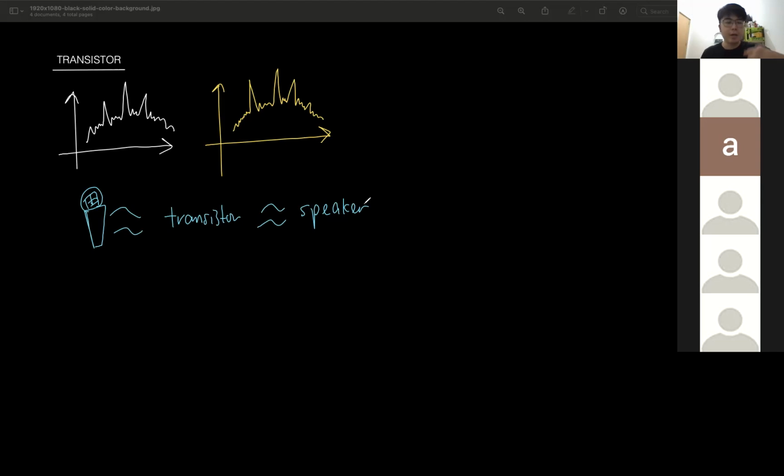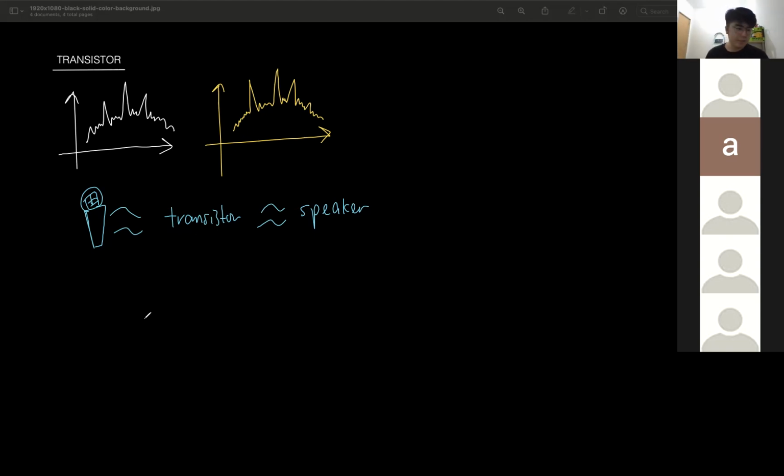Usually transistors are already built in together with the speaker. So transistor is like a circuit, a device and then a circuit that we use to produce amplified sound or amplified electricity.